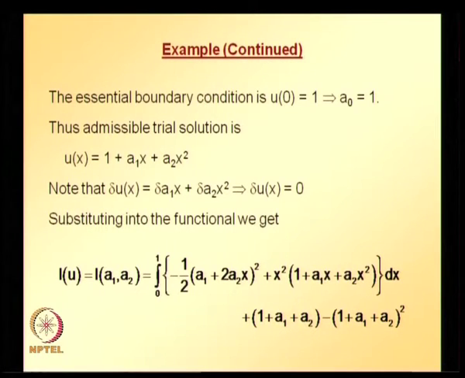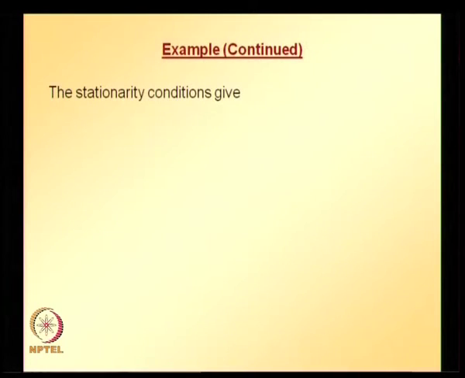Substituting the admissible trial solution into the equivalent functional, it becomes a function of two unknown coefficients a 1 and a 2. Okay. All this is similar to what we have done in the previous problem. Now, variation of I should be equal to 0, that is possible only if the partial derivative of I with respect to the unknown coefficients is equal to 0.